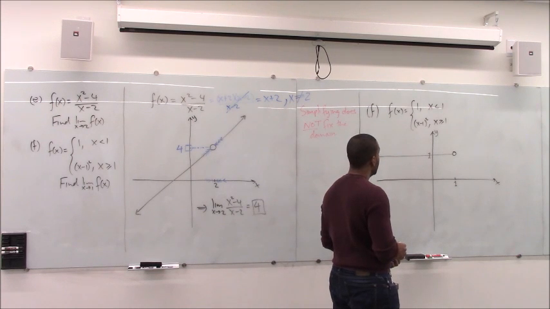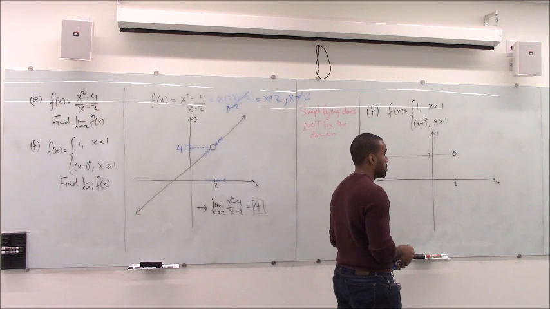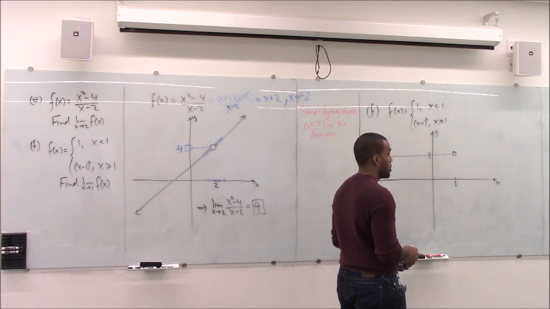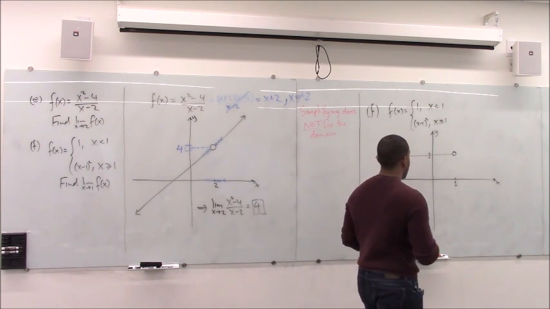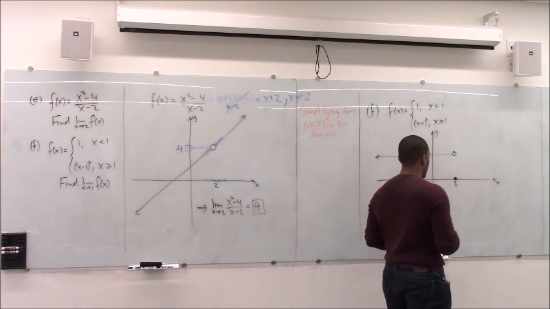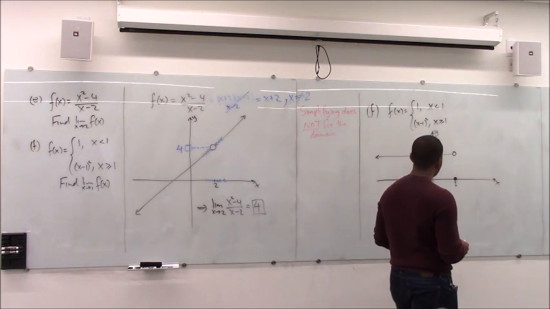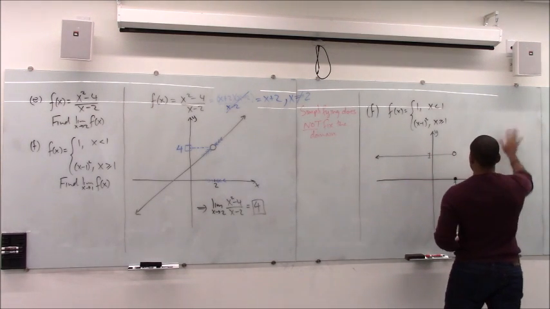What's the value? Yeah? Maybe put a closed circle on the 1 on the x-axis, like right there. And then have that, yeah. Okay, and then what? What's the other side going to look like over here?